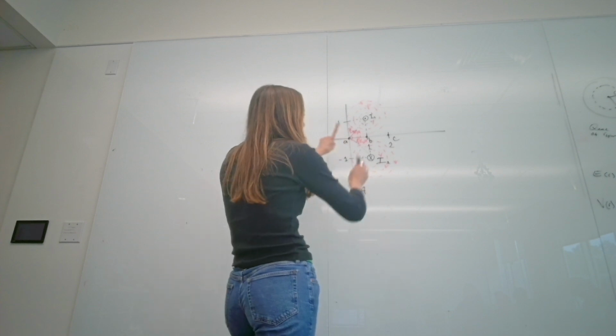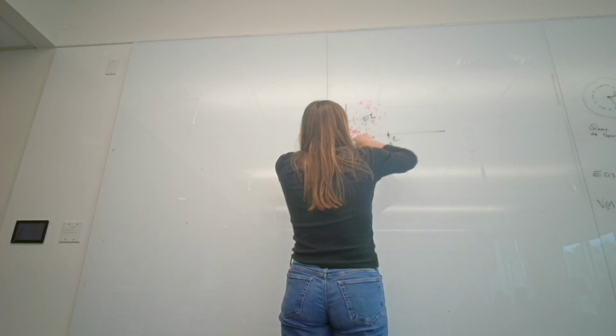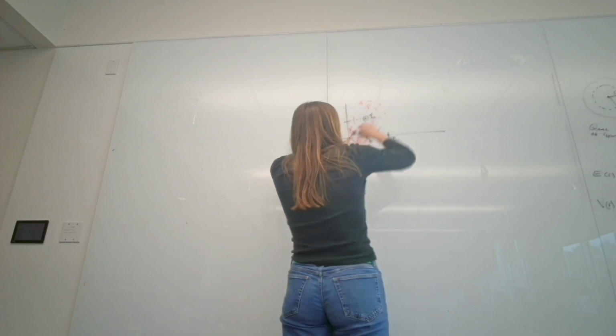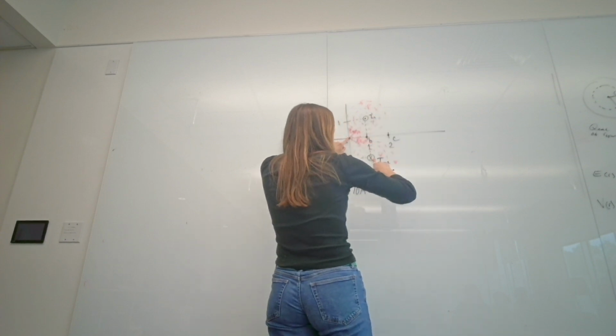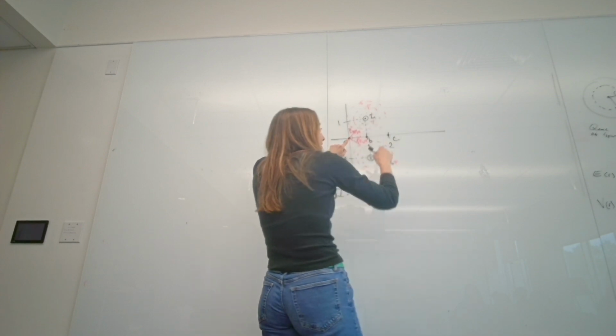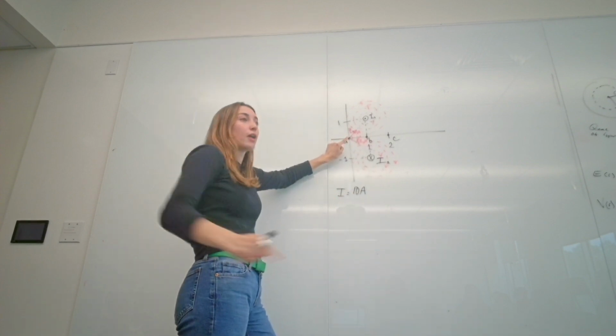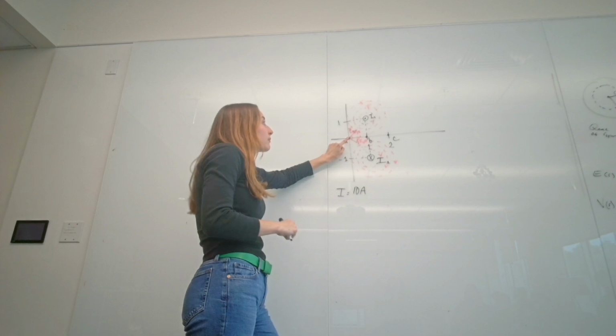These are both 1 unit out and 1 unit up from point A, right? They both have the same magnitude of current, which means they have the same magnitude of magnetic field at any point around it, right? So at point A.